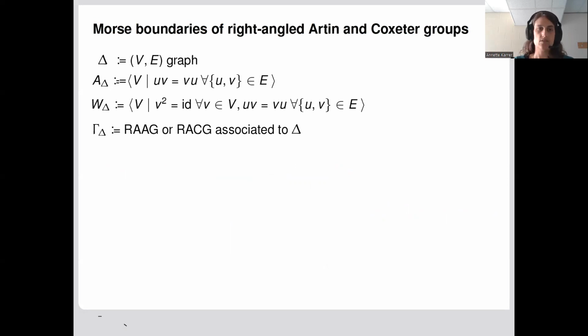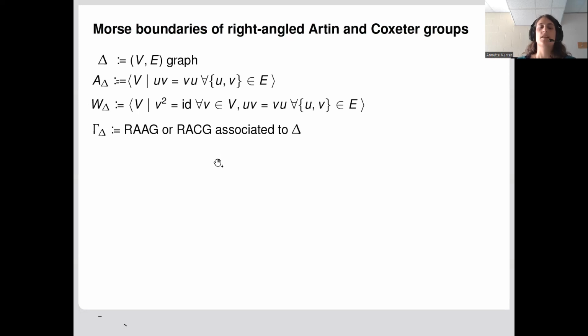A right-angled Coxeter group, this group W delta, is defined similarly, but here we add a relation, namely that every generator should be an involution. And if we write gamma of delta, we mean that gamma can be a right-angled Artin or a right-angled Coxeter group associated to the graph delta.